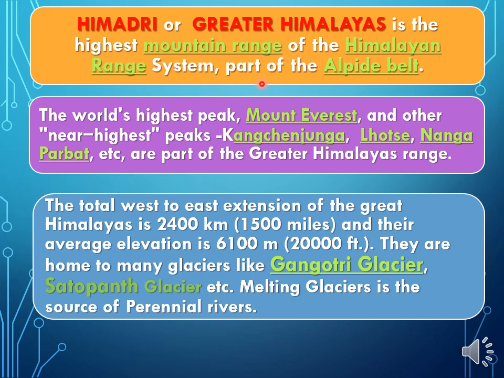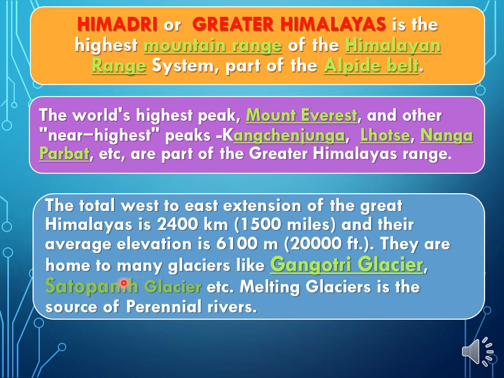It is part of the Alpide belt. The world's highest peak, Mount Everest, and other near-highest peaks, Kanchenjunga, Lhotse, Nanga Parbat, etc., are part of the Greater Himalayas. The total west to east extension of the Greater Himalayas is 2,400 kilometers, and their average elevation is 6,100 meters, that is 20,000 feet.